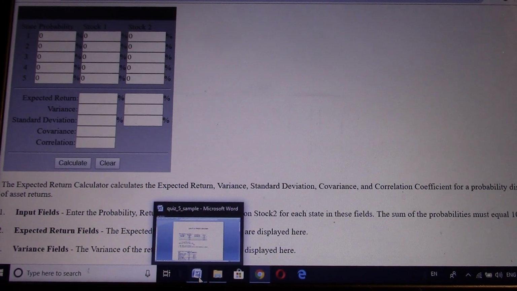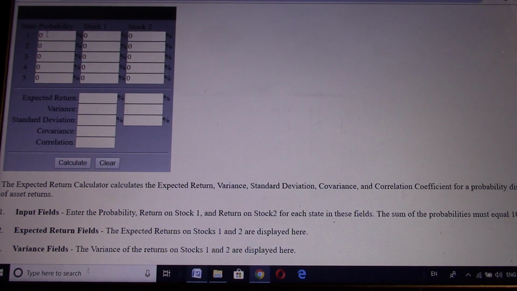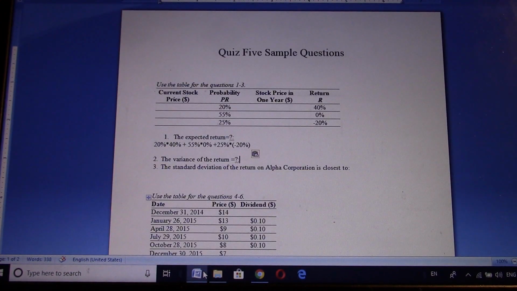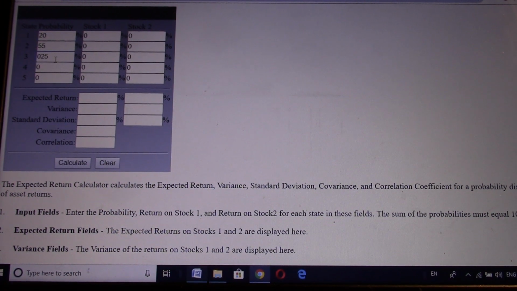For example, for this question, we know the probabilities are 20%, 55%, and 25%. We don't need the percentage sign, so 20, 55, and 25.